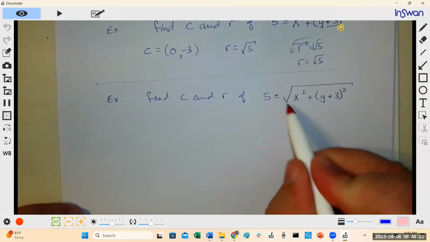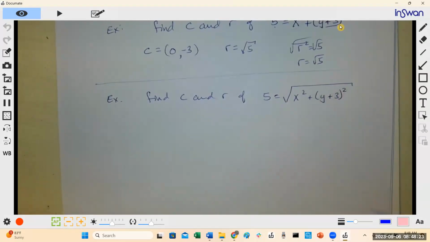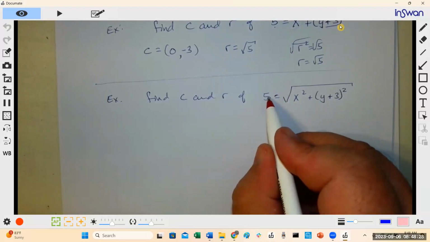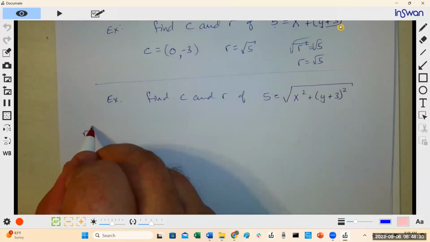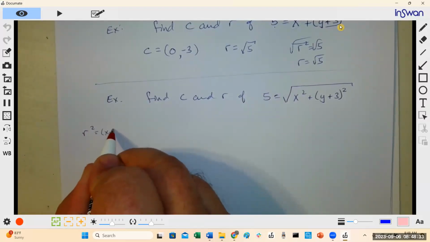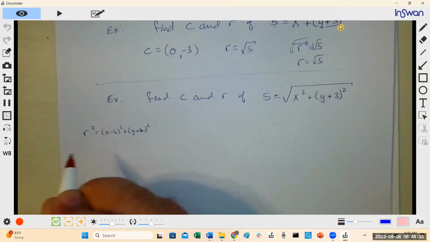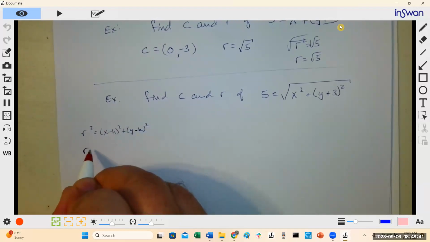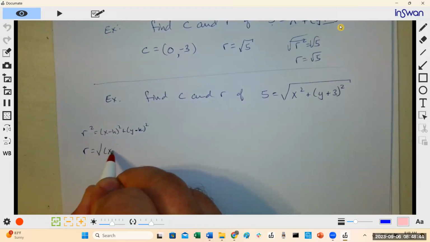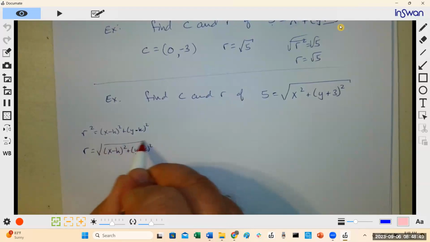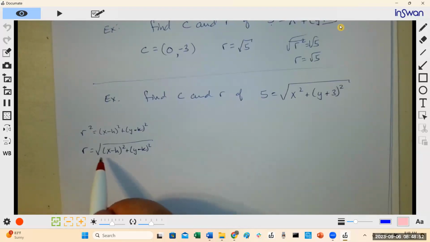Because this one equals the square root of the equation, that means this is no longer r squared, because it's either going to be r squared equals (x minus h) squared plus (y minus k) squared, or if I square root both sides... so if the equation part here has a square root over it, that means the square is already gone.